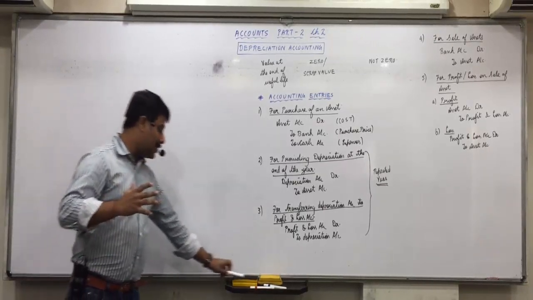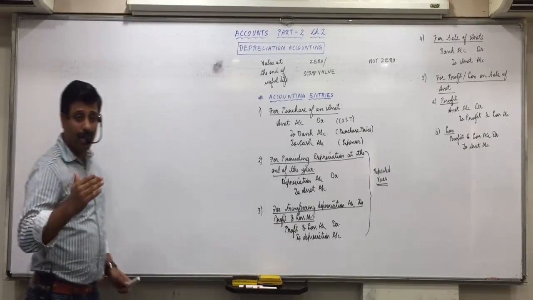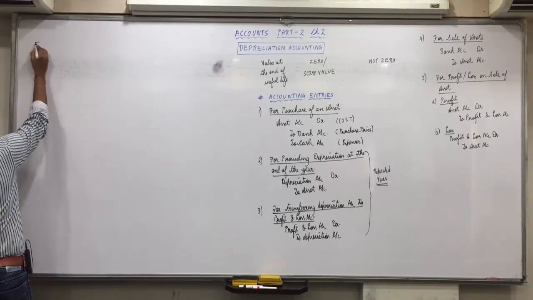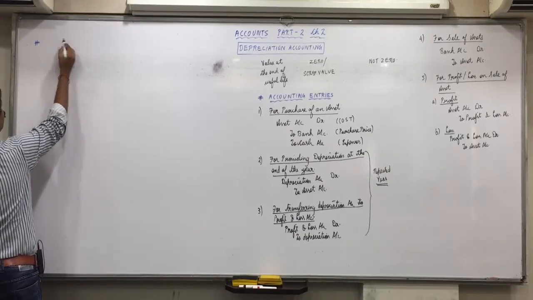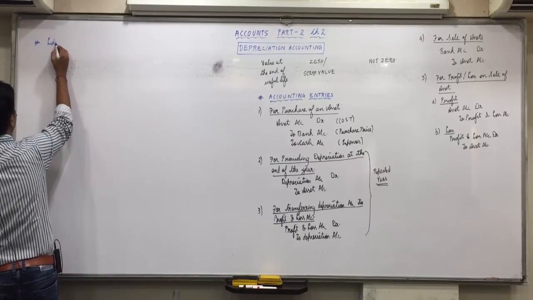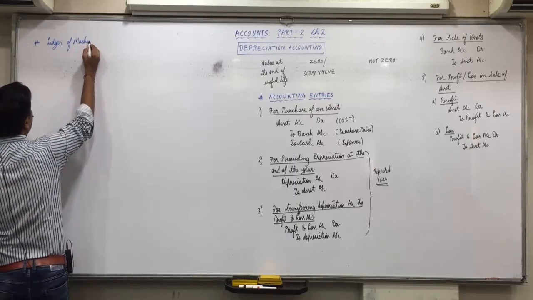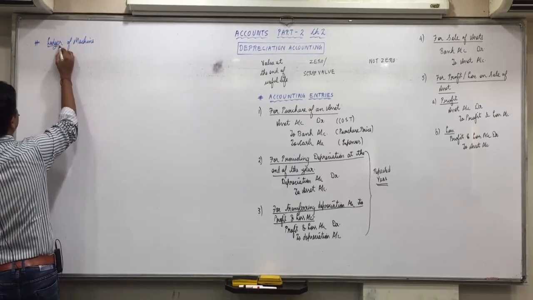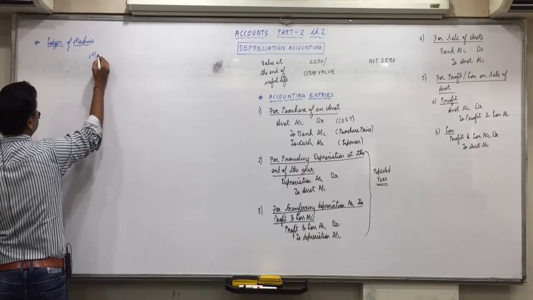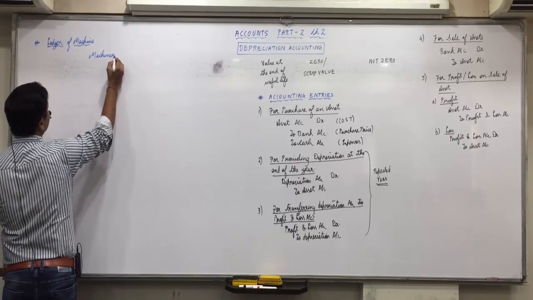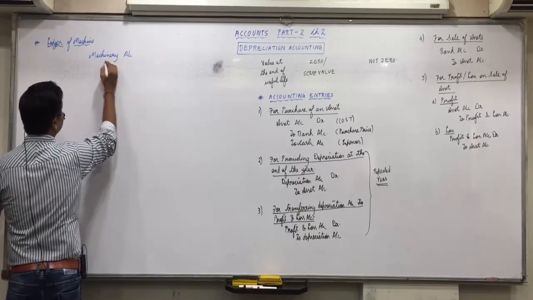Only particularly for machinery account, the other ones we will make with the help of journal only, but there is a shortcut method of making machinery account without the help of journal.